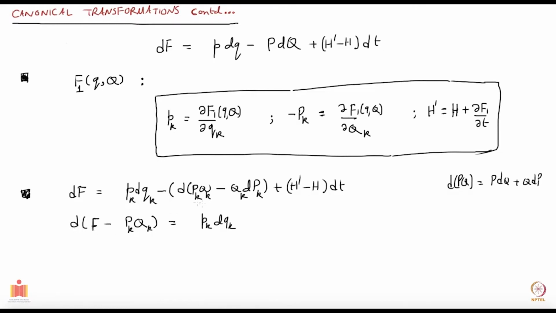Anyway, df plus the term which goes to that side is equal to minus pk dqk, that's correct, and then we have a plus qk dpk plus h prime minus h dt.